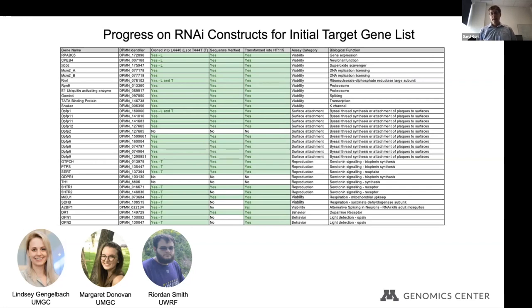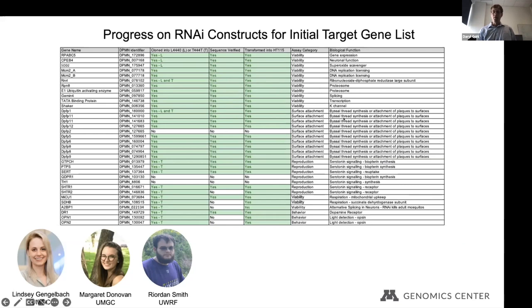These targets that we've initially zeroed in on, some of them are just involved in general cell maintenance and survival. So things involved in very basic biological processes, like the ability to make proteins or degrade them, or neurotransmission, or things that are really essential for the health of an organism.